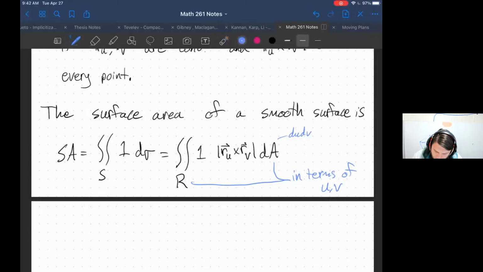So you're replacing this d sigma with this term here. And this is the first introduction to surface integrals, which is, I think, the next section. This section is all about writing out surface area and parameterizations of surfaces.